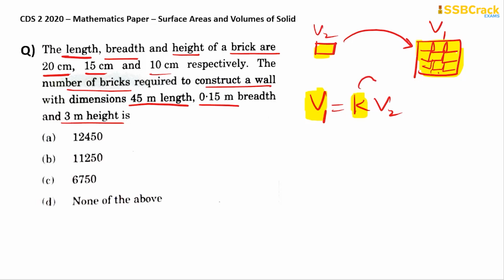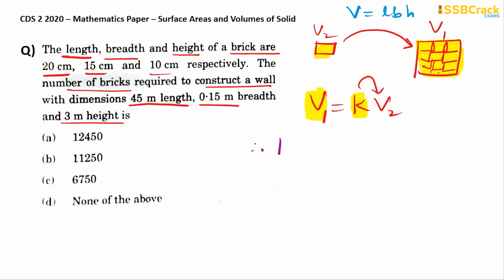How many such bricks are required, we need to find. And you know that the brick as well as the wall are both solids in the shape of a cuboid, so of course we have to recall the volume of a cuboid formula. What's the formula? It's L times B times H, where length is L, breadth is B and height is H. So let's then write down V1.